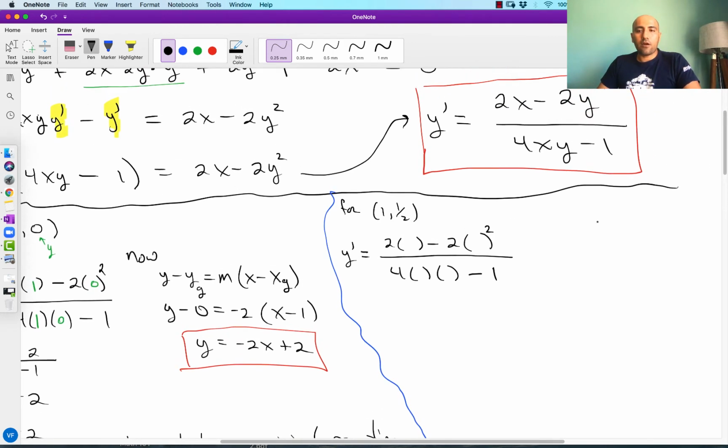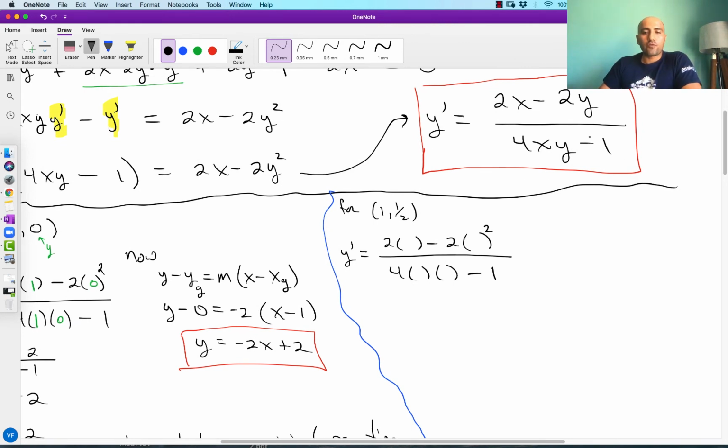Again, following our formula for the derivative. And this is where the x is a 1, so put a 1 there, put a 1 here. And the y is a 1/2, so we're going to put a 1/2 there and a 1/2 there.